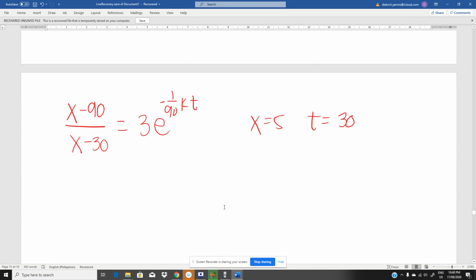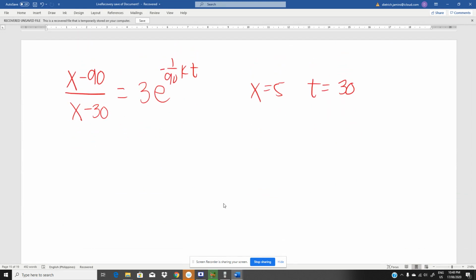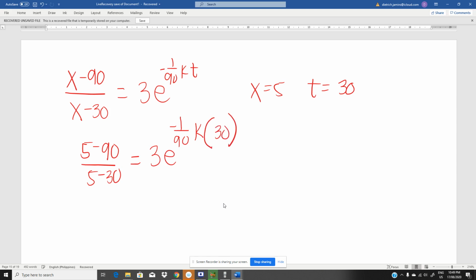So using the calculator, we will plug in (5 minus 90) all over (5 minus 30) is equal to 3 exponential of negative 1 over 90 times k times 30.